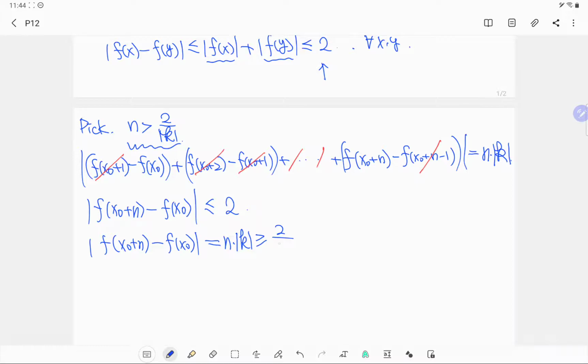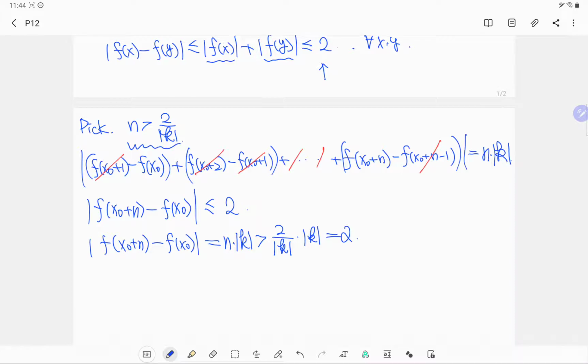So it is like 2 over the absolute value of k, times the absolute value of k, which is 2. Here we only have a strictly larger sign.